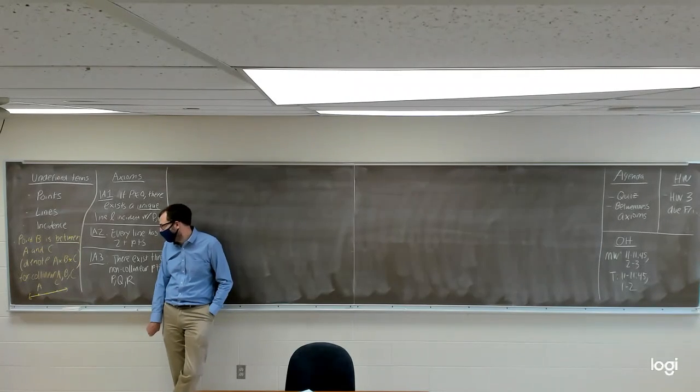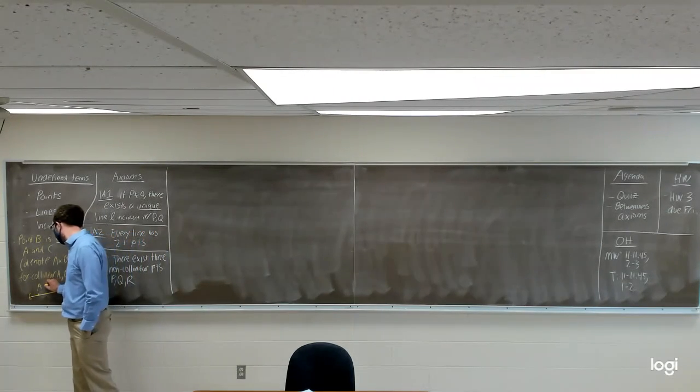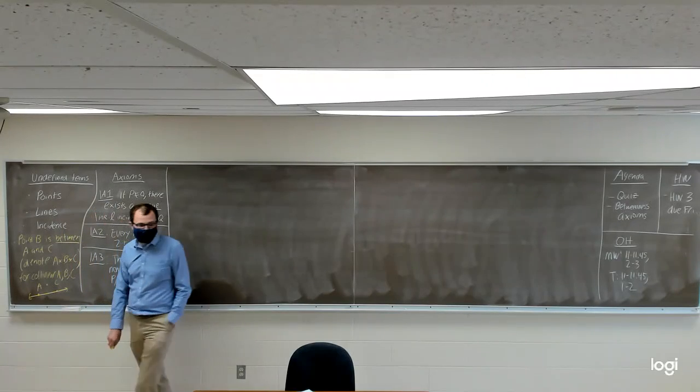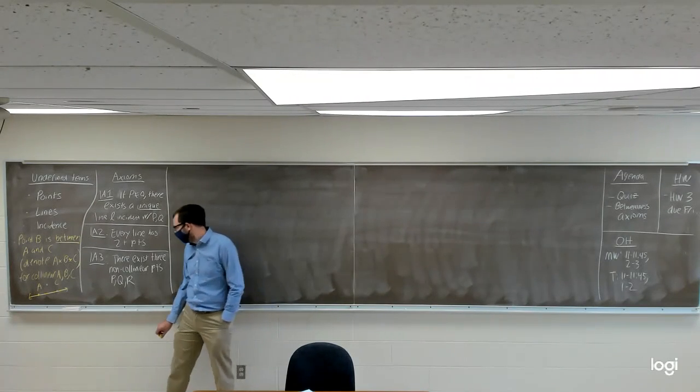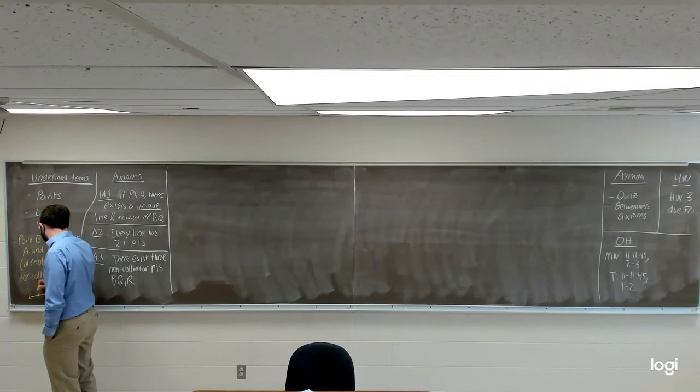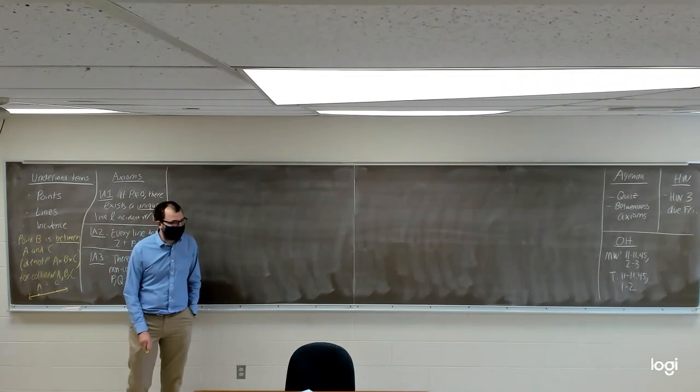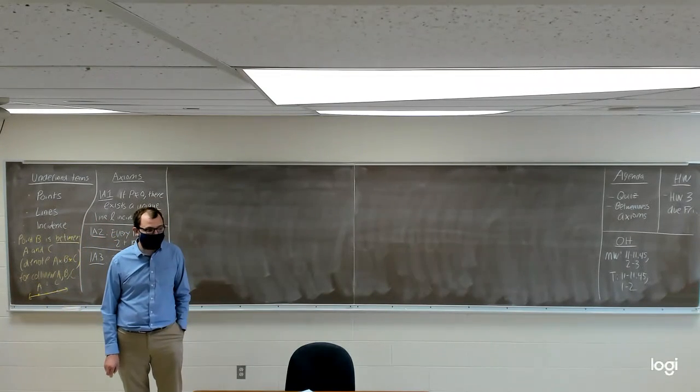Ooh, something that's equidistant. So would you want that point to be between A and C? A point equidistant incident to the line AC. Oh, okay. What do you mean by equidistant?